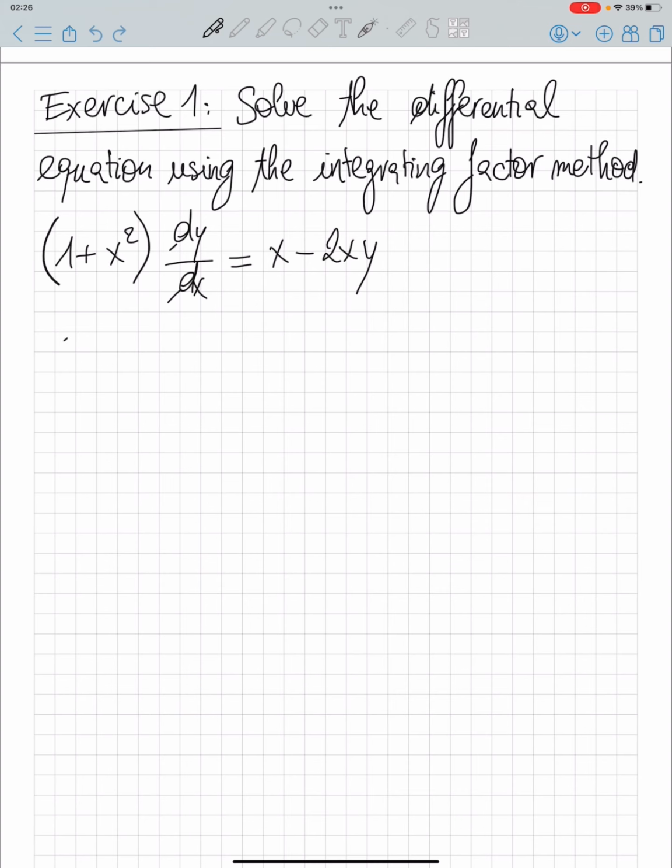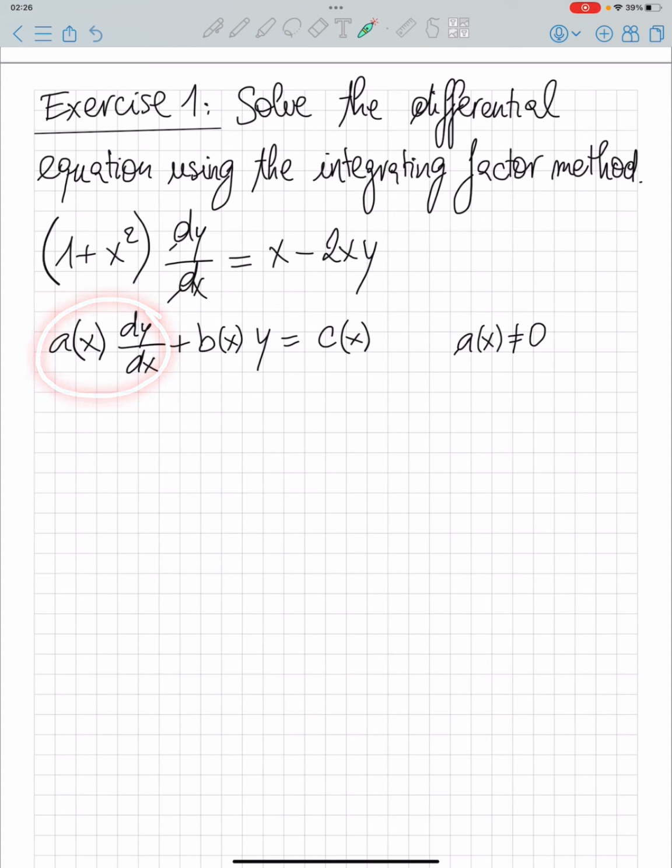So if we have a differential equation a of x dy dx plus b of x y is equal to c of x, where a of x is different from 0, because obviously if a of x is equal to 0, then this is gonna cancel out, then we're not gonna have a differential equation, right?